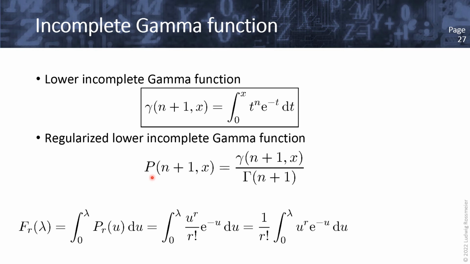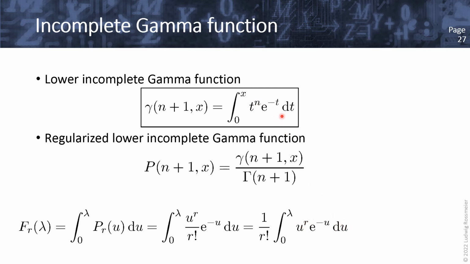Using this, we can solve the problem from the previous equation, which is here again. And you see here already, if we compare, the upper integration limit is here lambda and here x. That means the x will be replaced by a lambda, and the value of n here is r here.